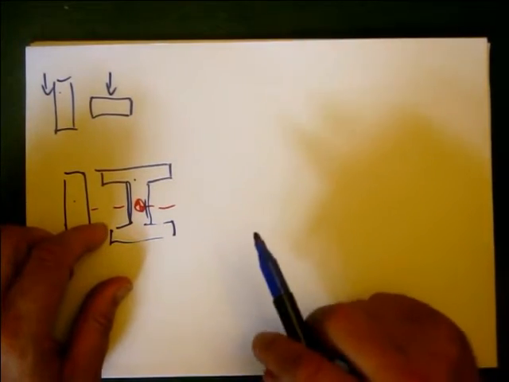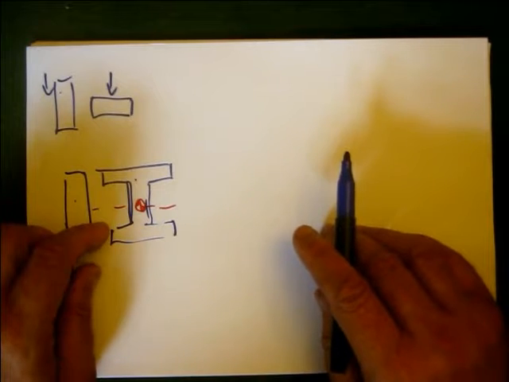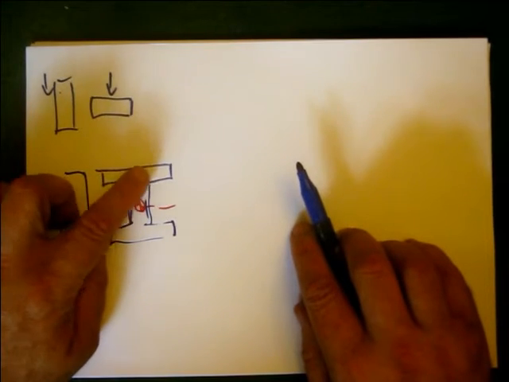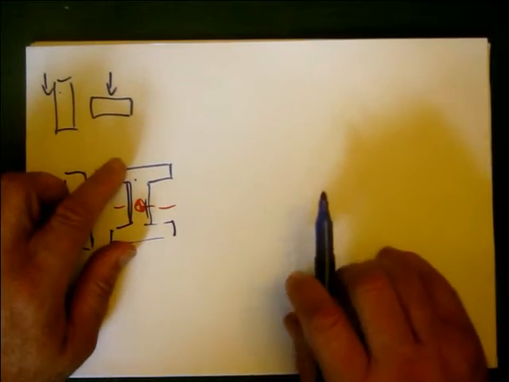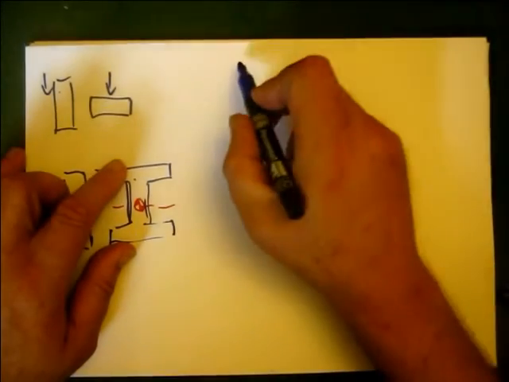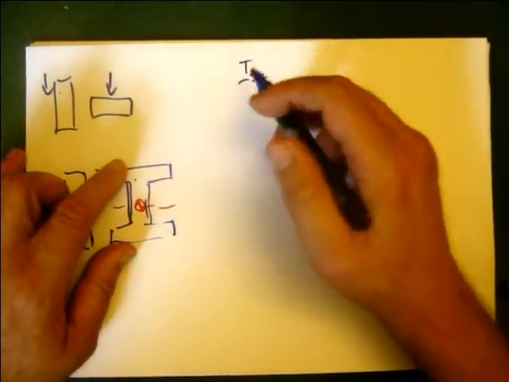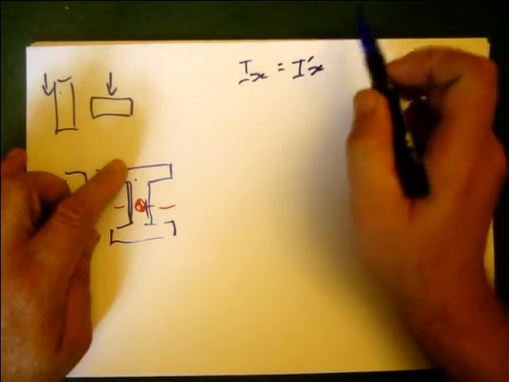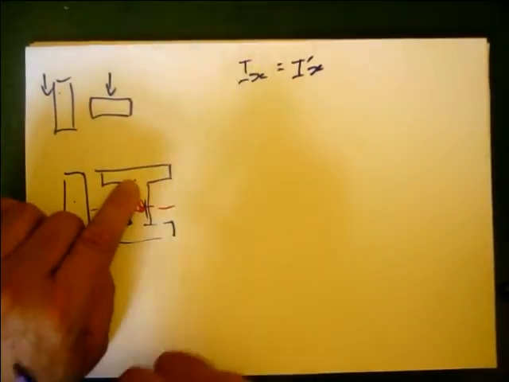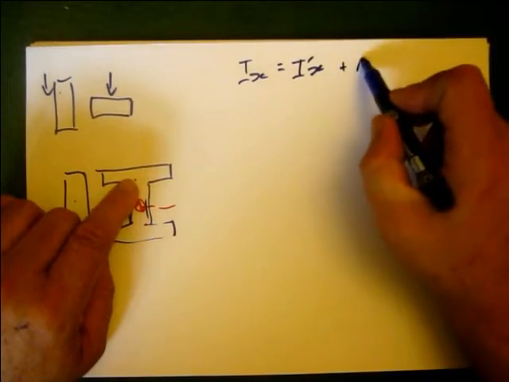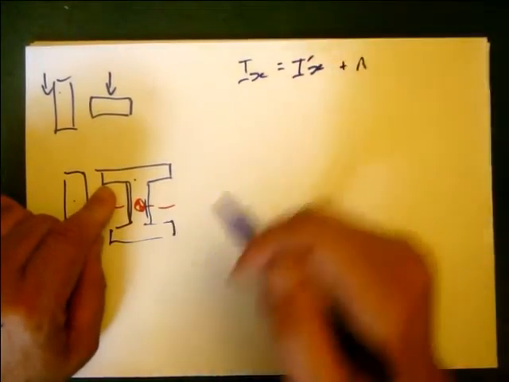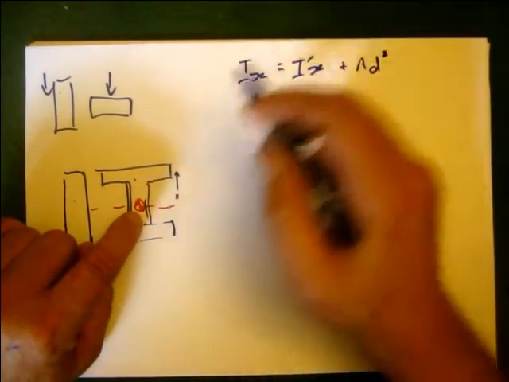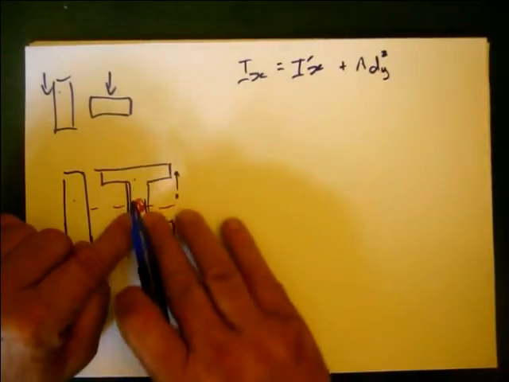When we're working out the second moment of area, we have to break the shape up into sections, and then work out the moment of area of each. So Ix, the second moment of area, or the area moment of inertia, is going to equal I prime, the inertia of each individual bit, plus the area, just like we were doing for centroids, times the distance from the centroid, and we're going to square that. We'll call that A d y squared, because that's the distance up.